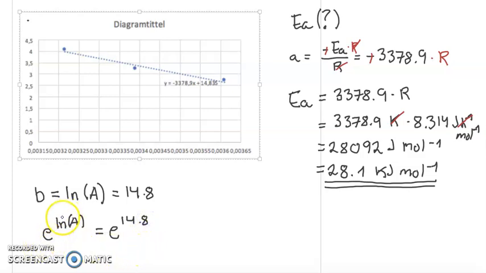These ones cancel out and we are left with A equal to e to the power of 14.8. So every time you find a value for ln of the value you want to find, you can just take e to the power of that value.